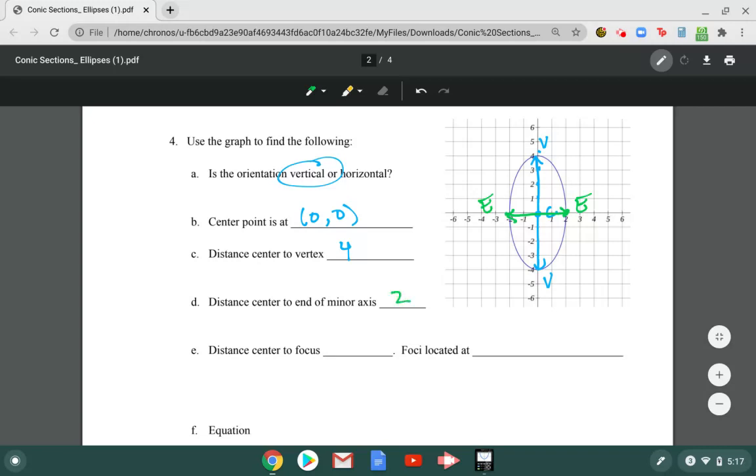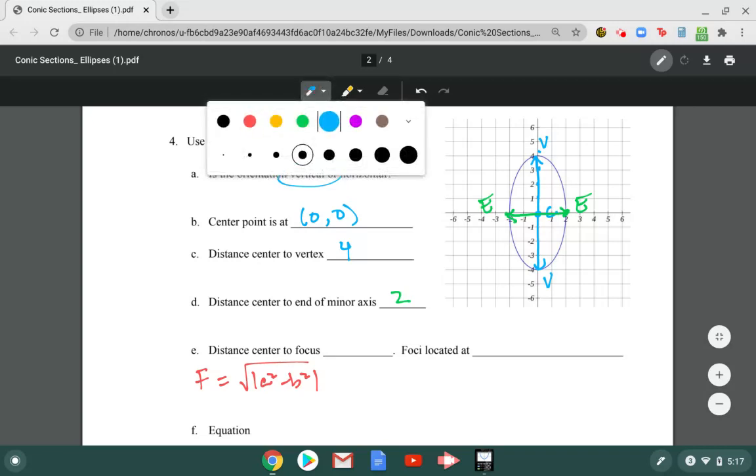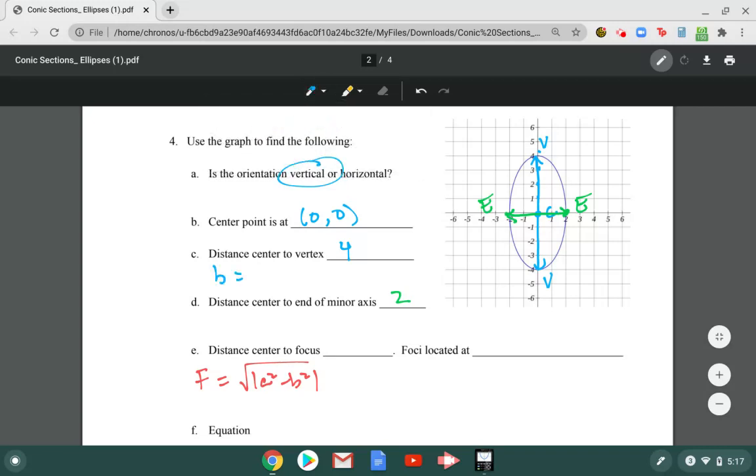Center to focus. Let me go back to that formula: the square root of a squared minus b squared. I need a and b. I've got the distance from the center to the vertex, which is in the y direction. It doesn't matter if you call it a or b. It's 4, which means that the squared value is 16. What I'm really doing is putting together my fractions. Underneath y squared would be 16.